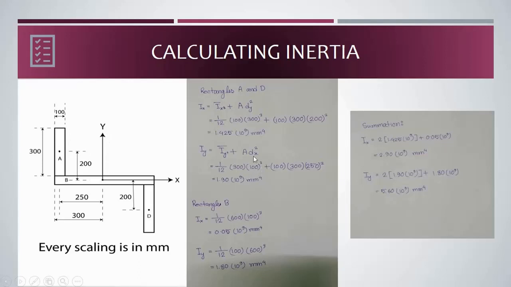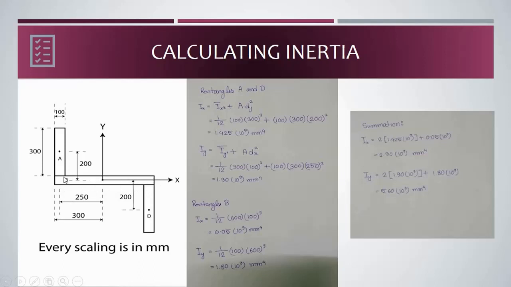So 300 into 100 cube, plus the area, which is always the same, 100 into 300. Why are we taking 250 here? Just because the point is here and we are taking dx.